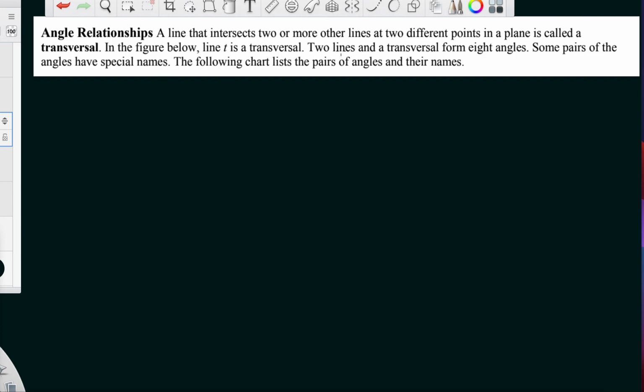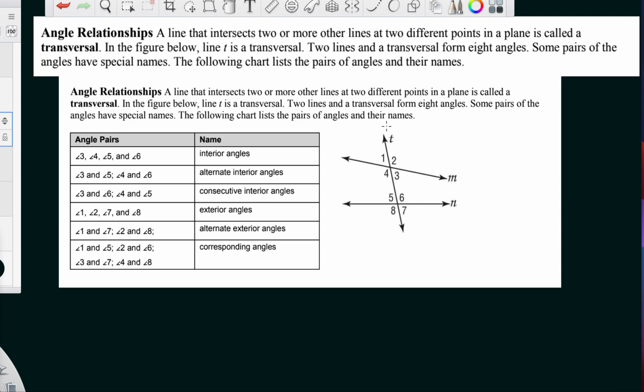Two parallel lines, two lines and a transversal, right? So this first example is just two lines. They're not parallel, but they are cut by a transversal. So if you have two lines and one line that intersects both, we're going to have all of these definitions.